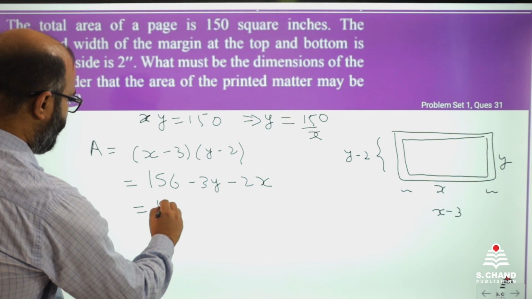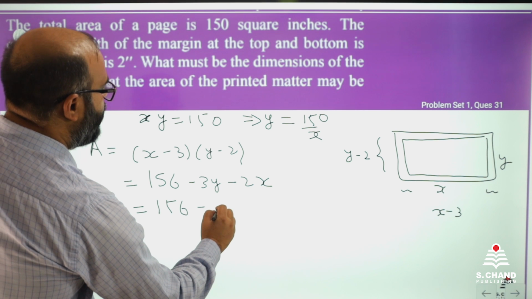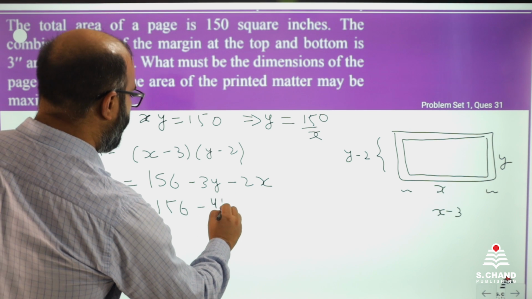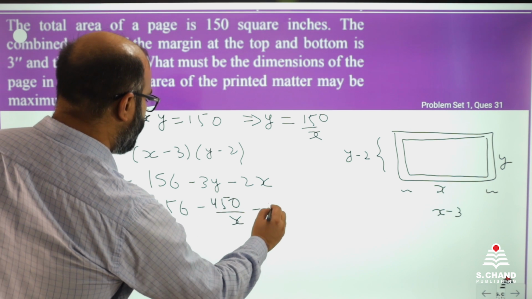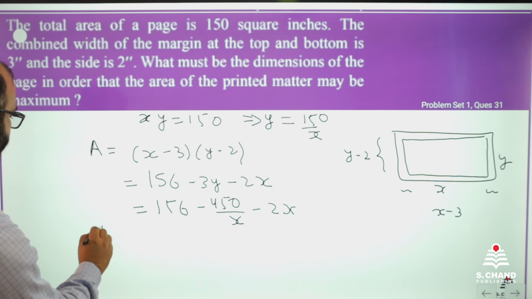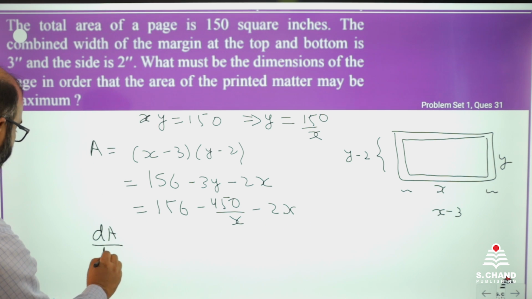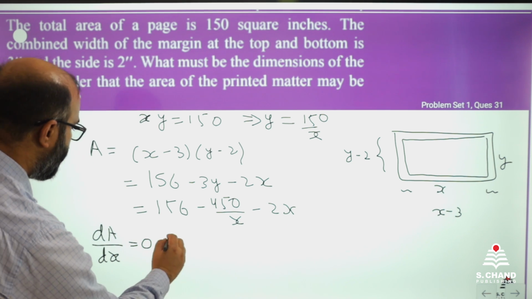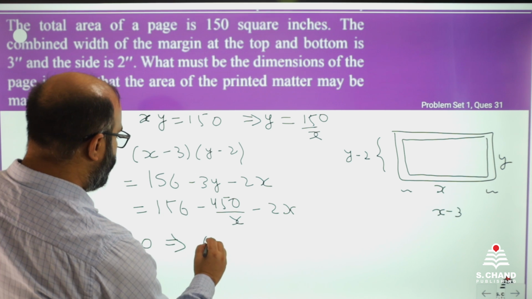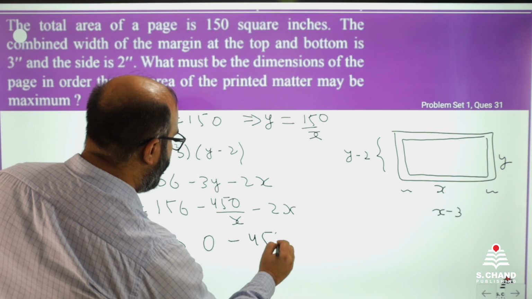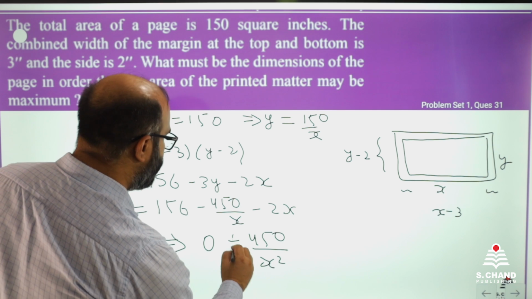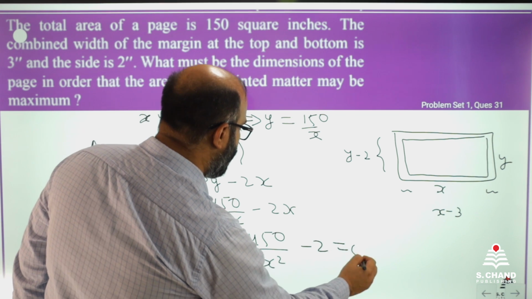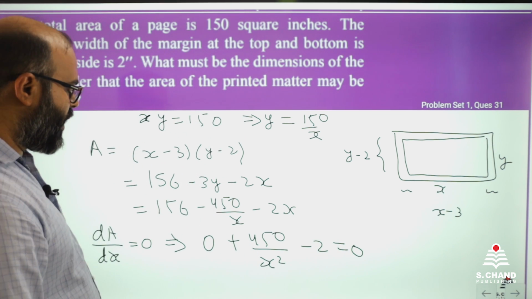So this will become 156 minus 3 into 150, that is 450 by x, minus 2x. Now dA by dx will be 0 for the maximum area. So you can differentiate it, it will be 0 minus 450 upon x square with a minus sign and minus 2 is equal to 0.